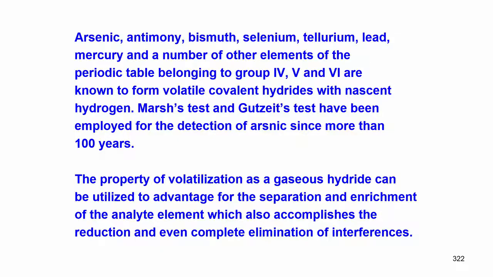Okay. So, what are the elements that form the hydrides? These are arsenic, antimony, bismuth, and then selenium, tellurium, lead, mercury, and a number of other elements of the periodic table belonging to group 4, 5 and 6.